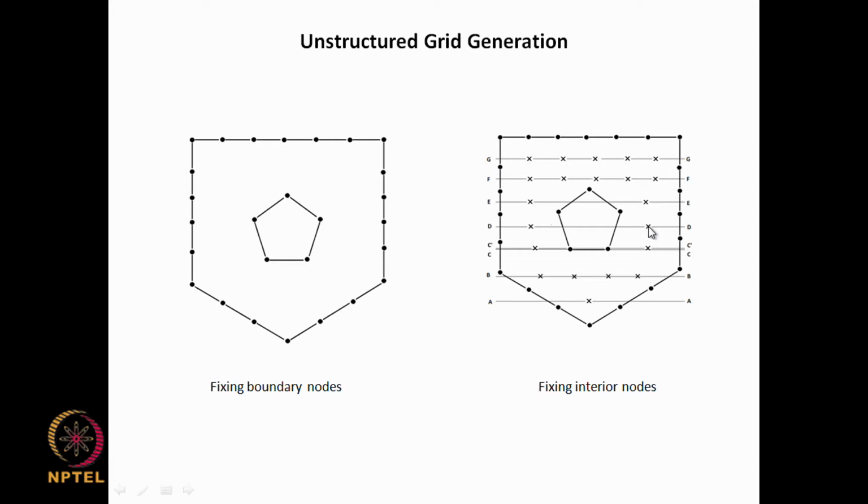an even number of intersections like this, that means that if you have one internal space which is not part of the domain, here you have only this part is part of the computational domain and this part is part of the computational domain. You do not want to put any grid points outside the computational domain, because if you have a grid point, it has to be connected to other grid points to make a triangle.